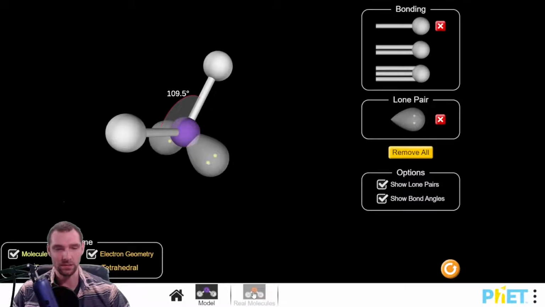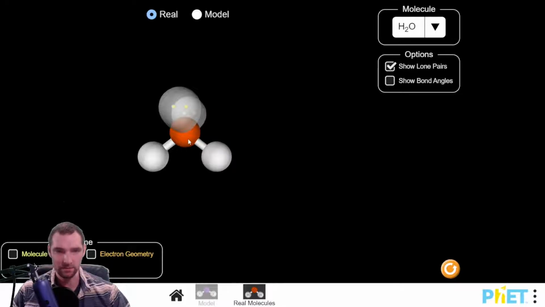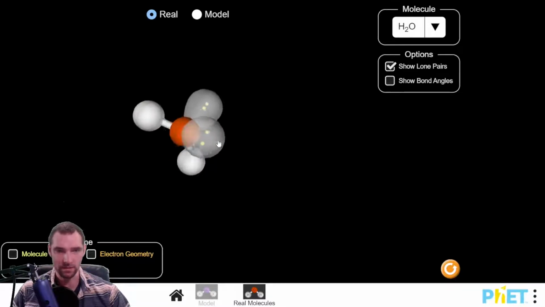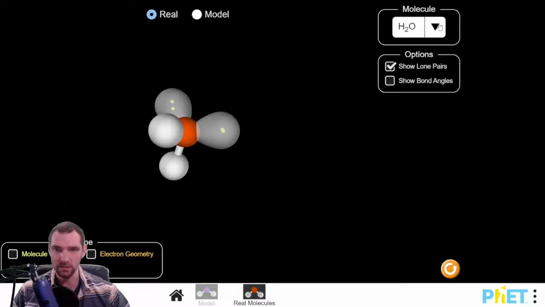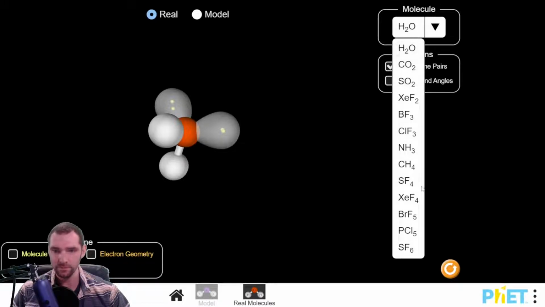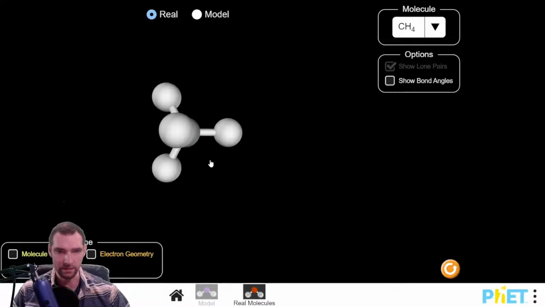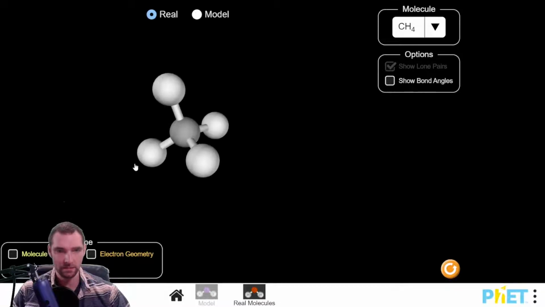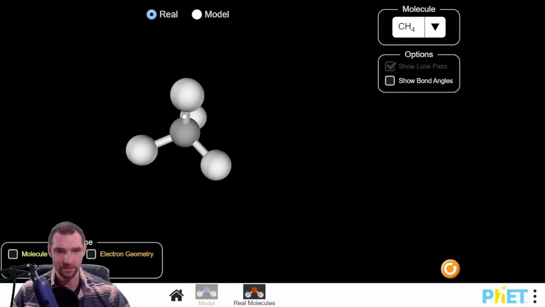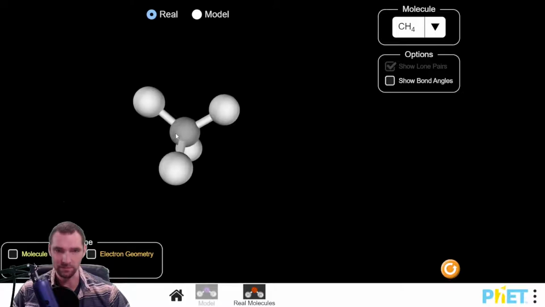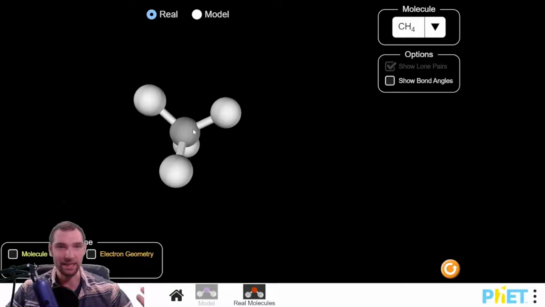So it's important to look at the shape as well as the polarity of the bonds. And here, for example, they have that water, so we've got the oxygen and the two hydrogens. Or we've got methane here. In this case, sure, these are polar bonds, but they're all being pulled equally, and they're geometrically canceling each other out. You could imagine attaching four strings to a ball and pulling on them with equal force.